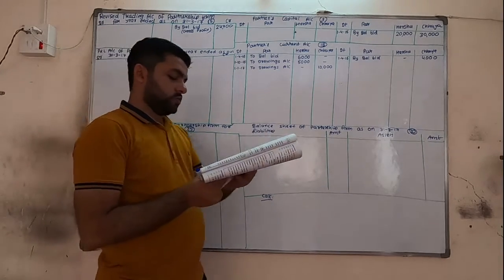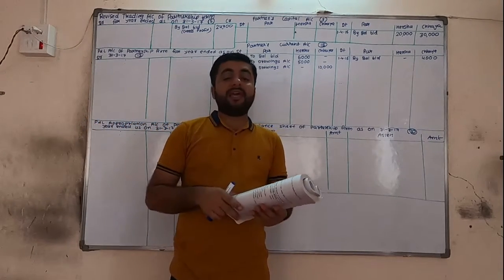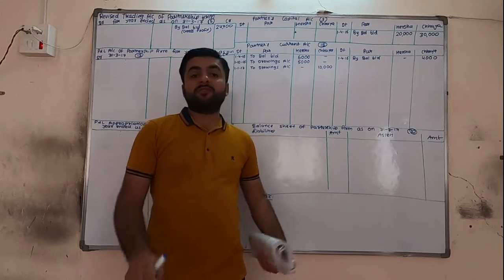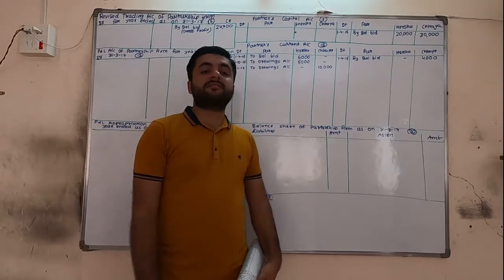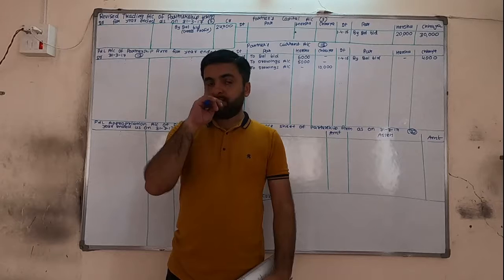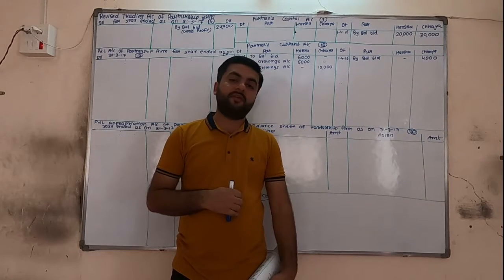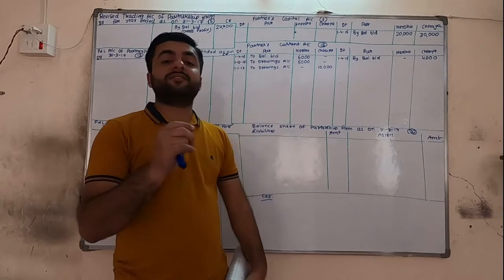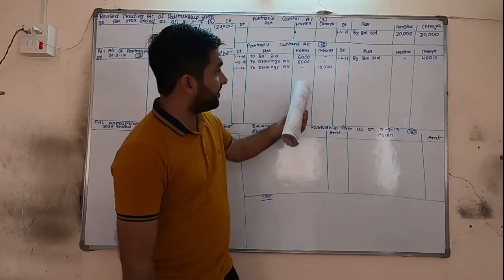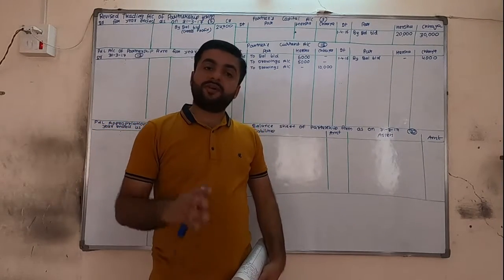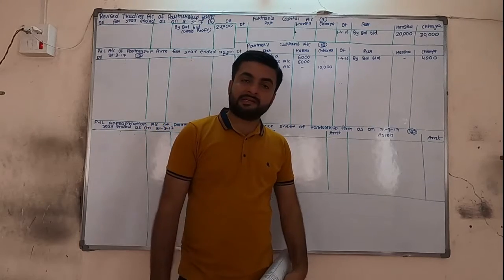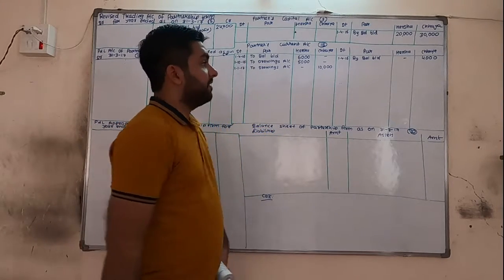Now interest on capital. As I said, some interest on capital is required to calculate and some interest is given also. But friends, first please keep in your mind two effects for interest on capital. We are having two accounts. So whenever we are having two, capital and current, then it is shown in current.